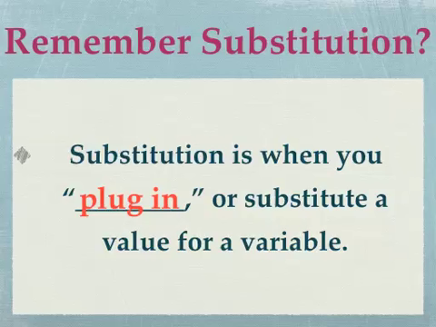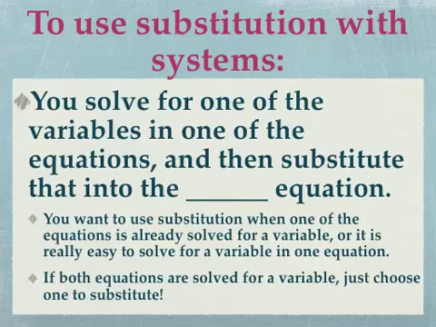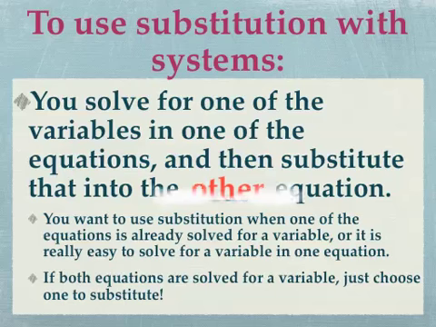It can also be an expression that you're plugging in. To use substitution with systems, you're going to solve for one of the variables in one of the equations and then substitute that into the other equation.